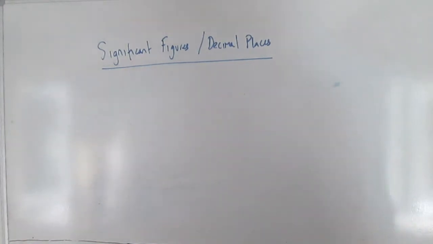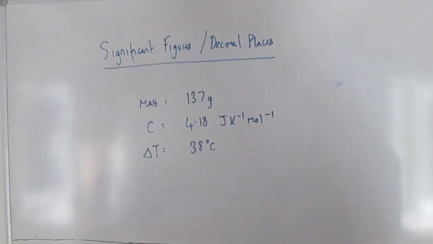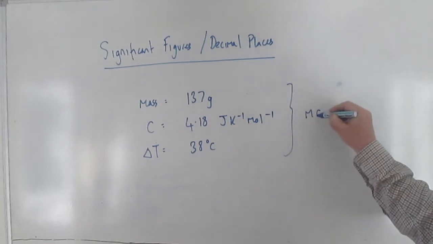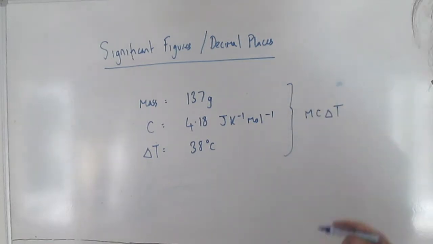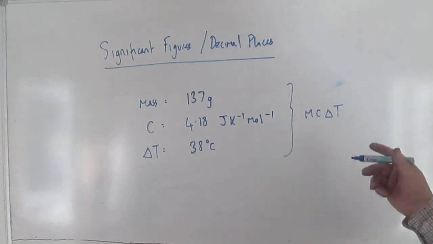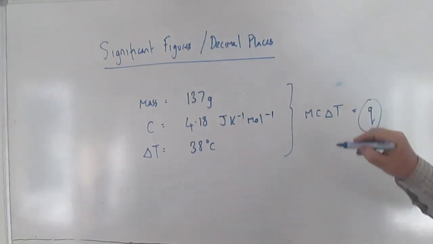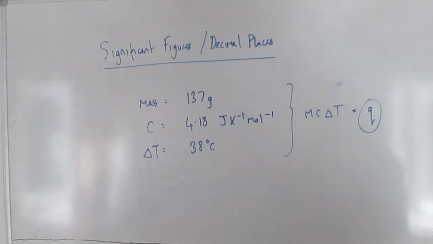So for example, suppose you've got a bunch of data like this, and you're going to calculate mcΔT in order to go on and then calculate ΔH for a reaction. That's equal to Q, the heat transferred, and the question is, what's the level of precision that we can put on Q?